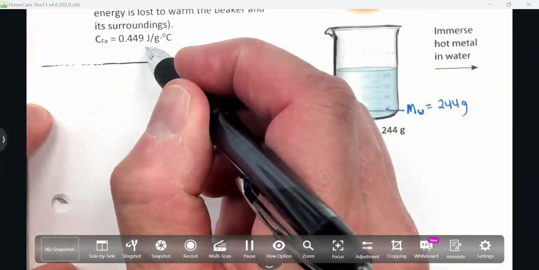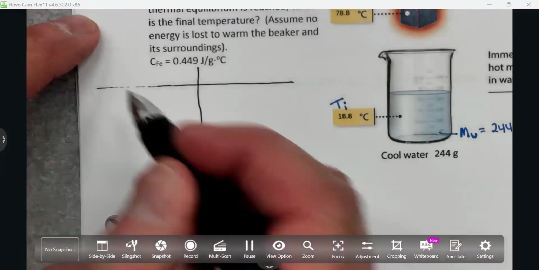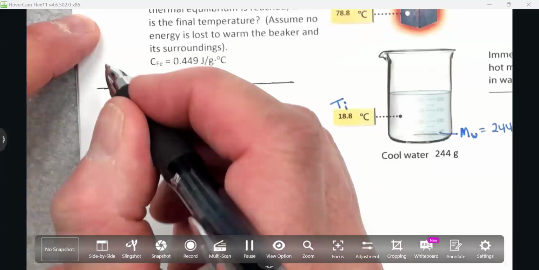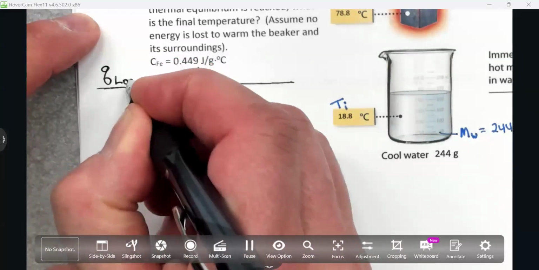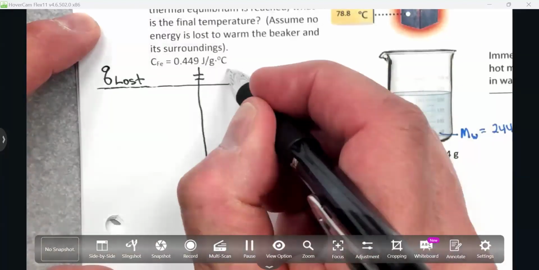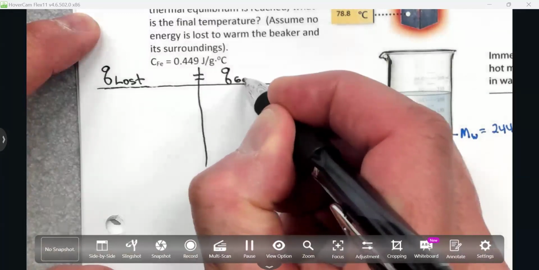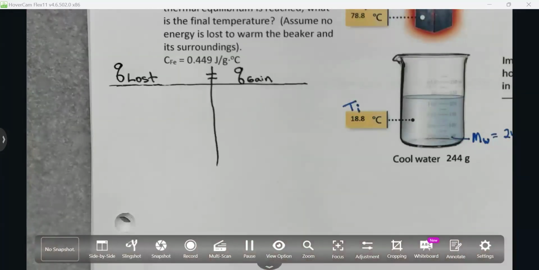We are going to use conservation of energy. I'm going to make 2 columns here. We know that the heat lost has to equal the heat gained. Conservation of energy, conservation of heat. Heat lost has to equal heat gain.